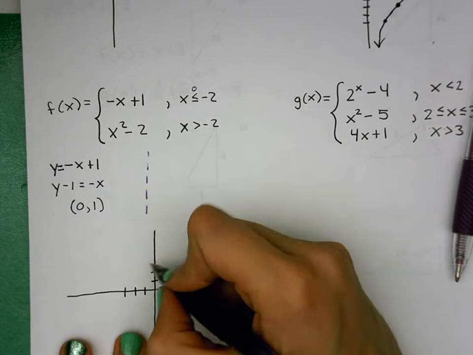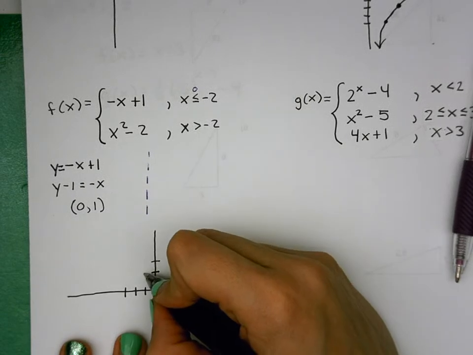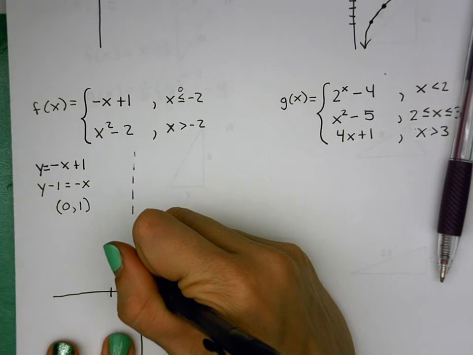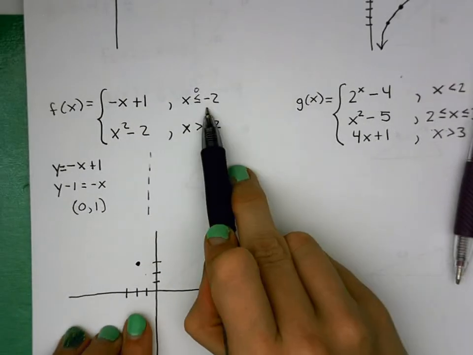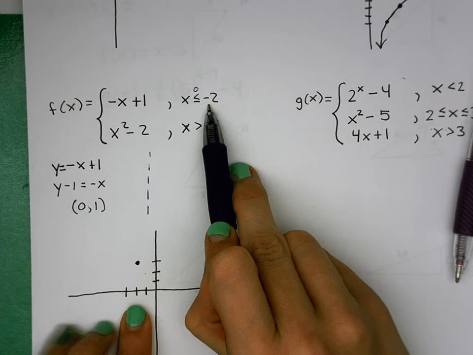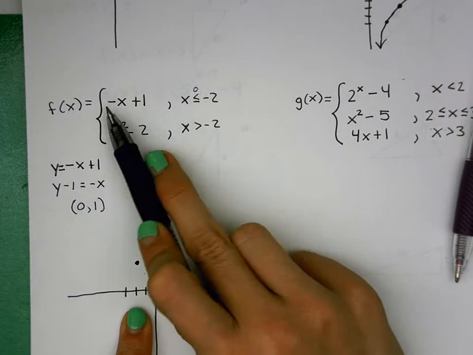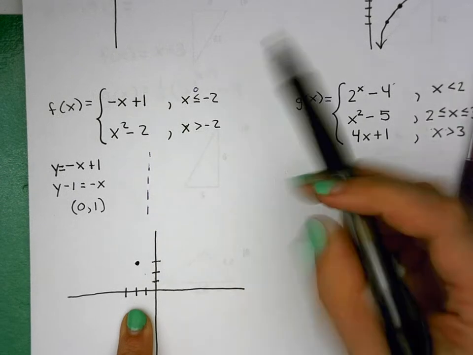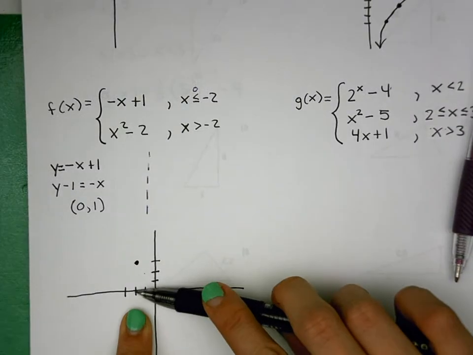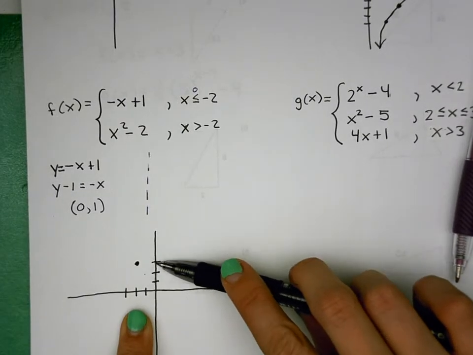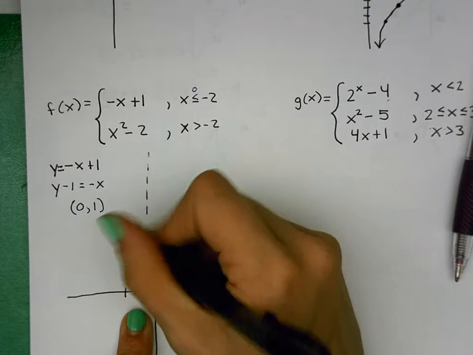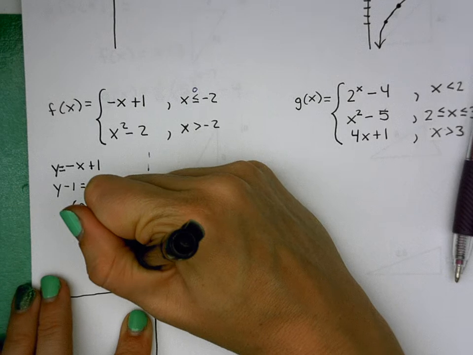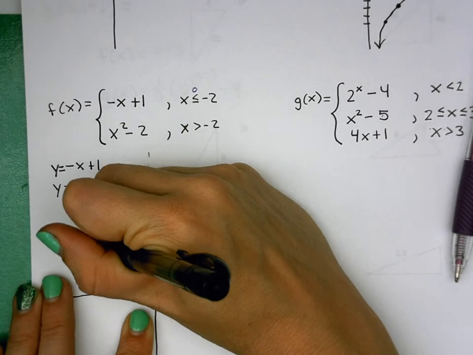And then if I were to do that again, up 1, left 1, my first point is actually here at x equals -2. For those who are plugging in, if I plugged in -2, negative times -2 is +2, plus 1 is 3. And sure enough, you can see at -2, 3, I've got my point. And then you can keep that pattern going if you'd like, so that you can get your linear.